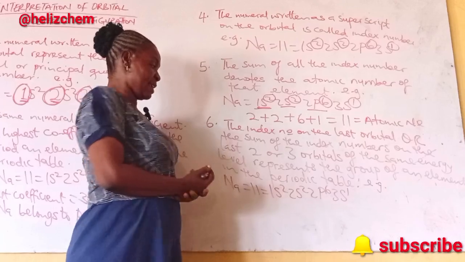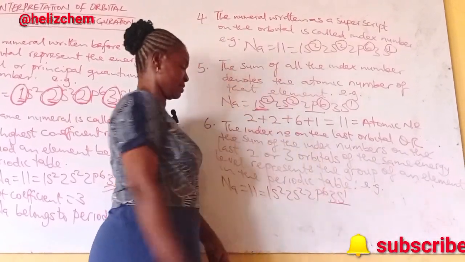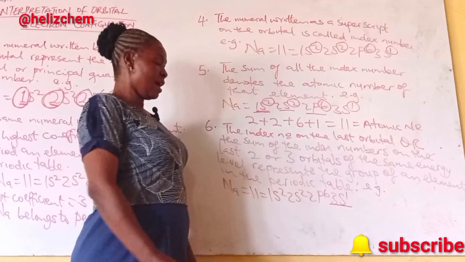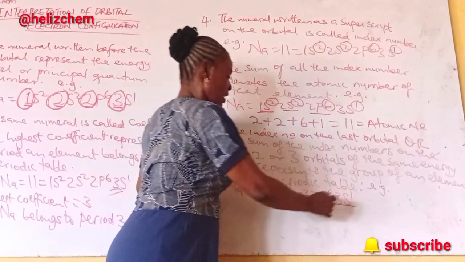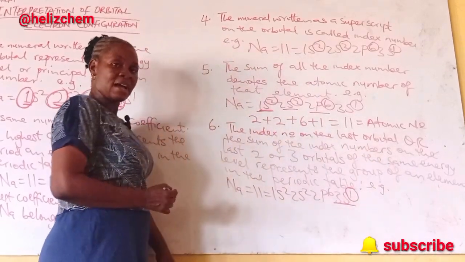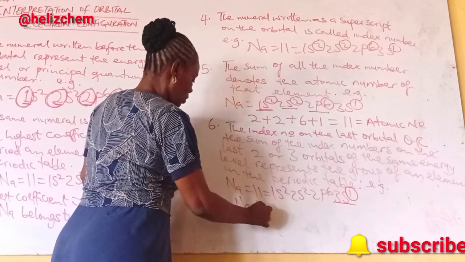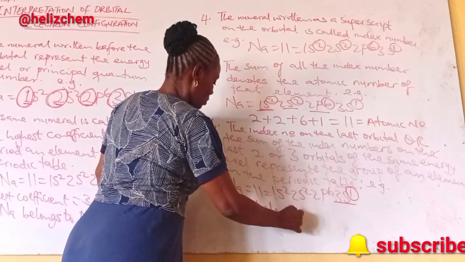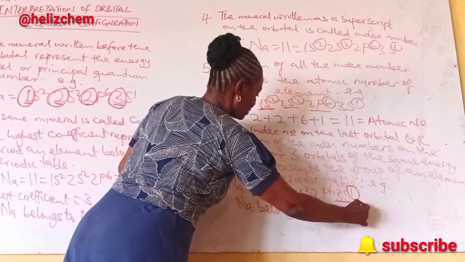What is the last orbital here? The last orbital here is 3s. And what is the index number on that 3s? The index number is 1. Therefore, sodium belongs to group 1.